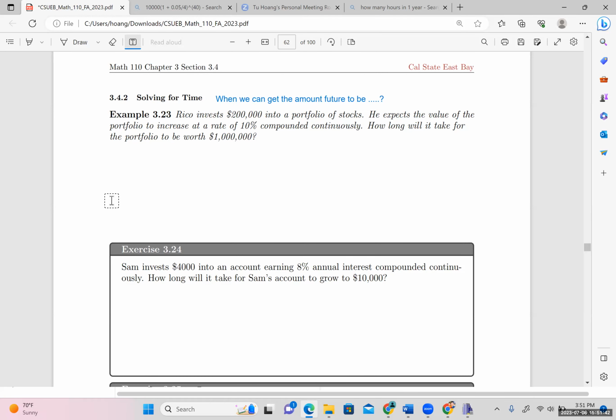And like I said, in exponential functions and log functions, whenever you have a question with when, for an exponential function, you need to use log for finding when. Okay.